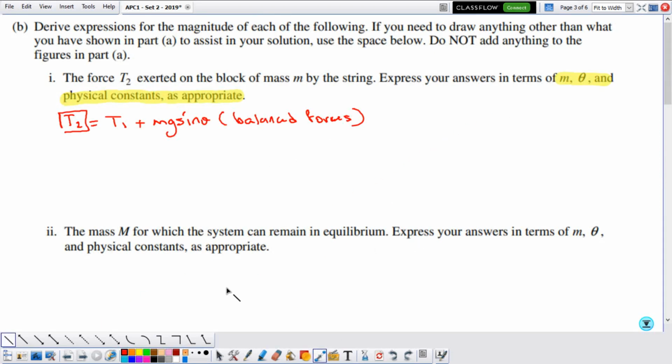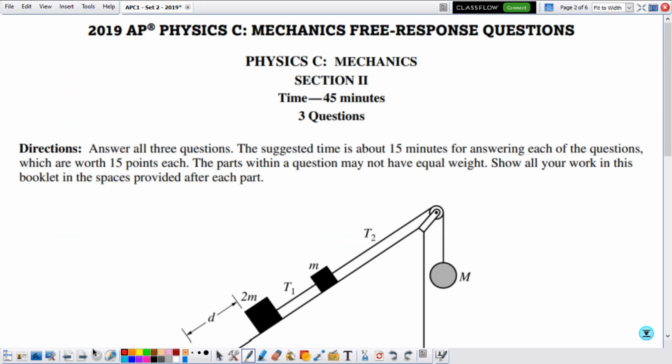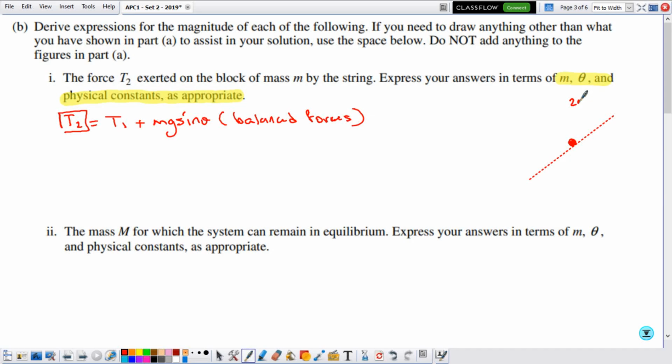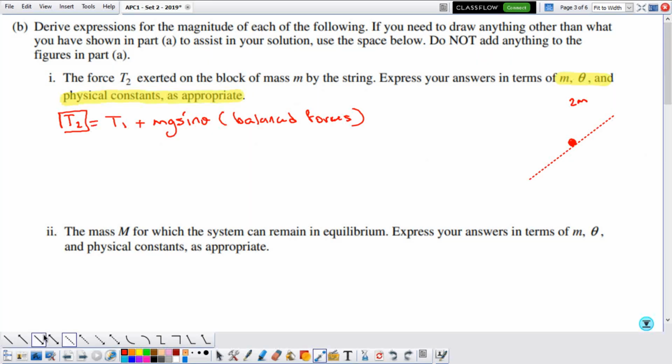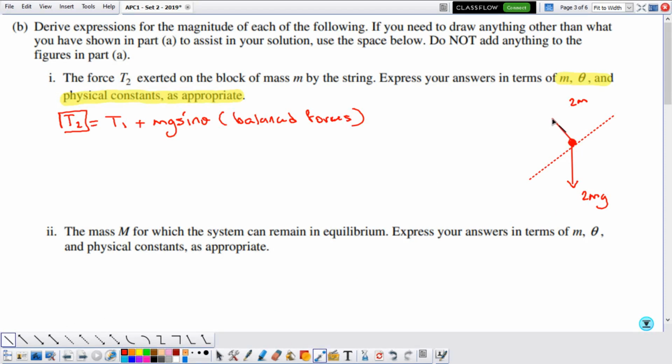Now let me say that this is the ramp. So this is the block given by mass 2m. We have the pull of gravity being down, that would be 2mg. And we have the normal push, which is perpendicular to the ramp.